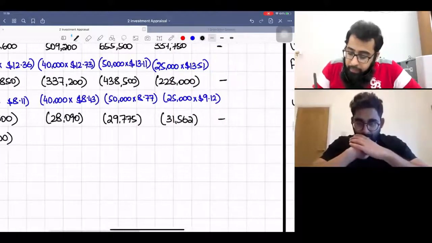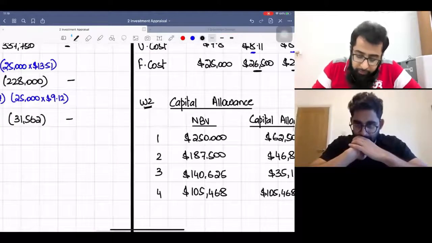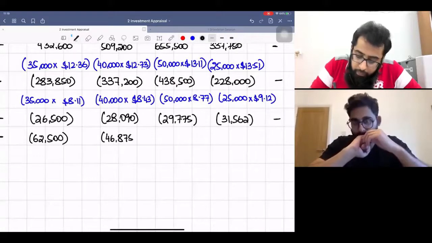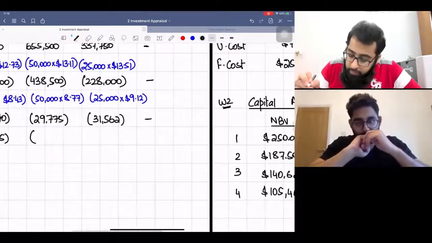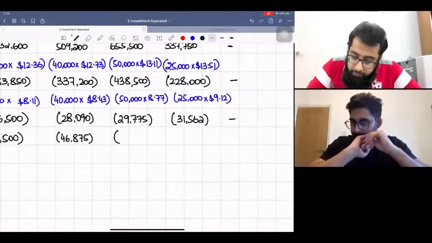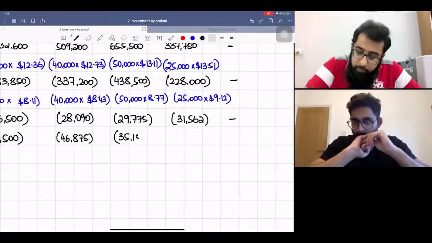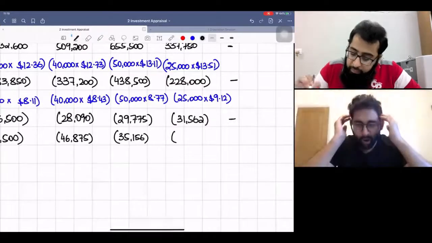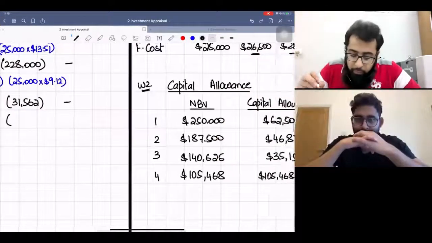The second capital allowance is 46875. The third capital allowance is 35156. And the last one is 100,468.